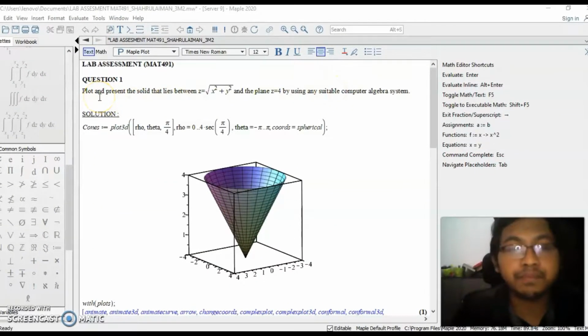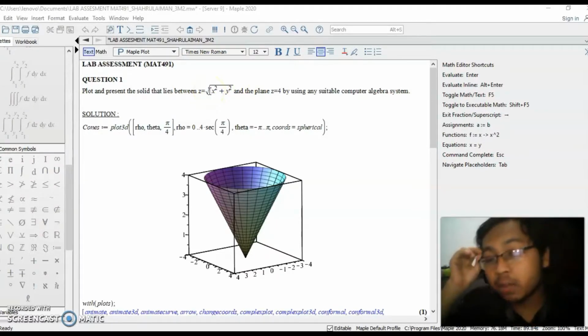Let's read the question. It asks: plot and present the solid that lies between z equal to the square root of x squared plus y squared and the plane z equal to 4 by using any suitable computer algebra system. If we read the question carefully, what is your impression towards this equation?